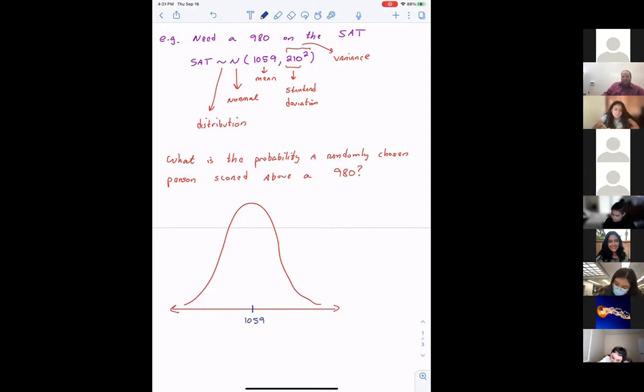Where is our data point? 980, which is where in relation to 1059? To the left. Let's try to figure out and get at least an approximation of where. If I go one standard deviation to the left, first of all, how far have I gone?